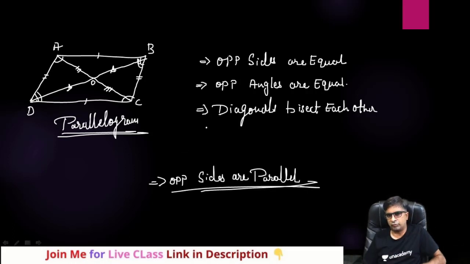And one more thing that I want to specify here, adjacent angles make a sum of 180. That will be followed in the previous 3 also, but here that is the main property.